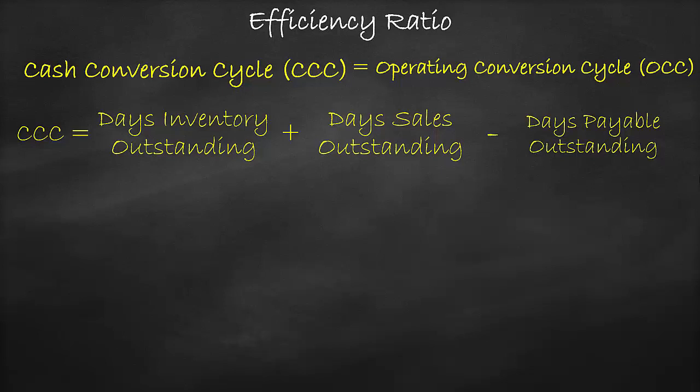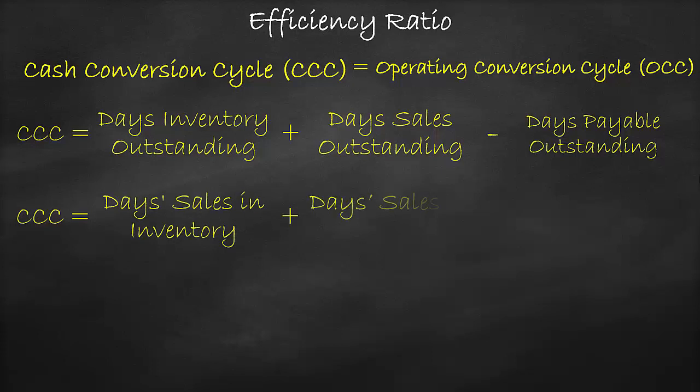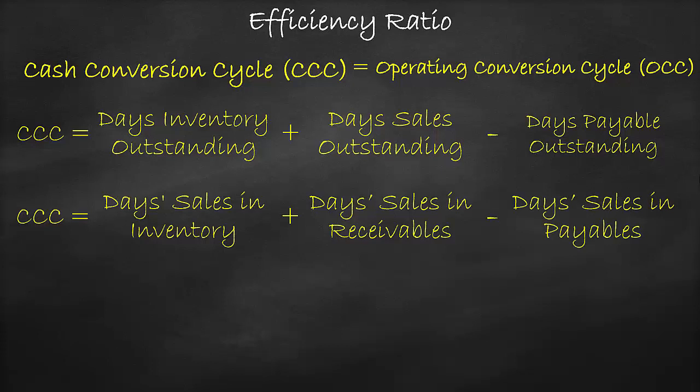Days sales outstanding is also known as days sales in receivables, and days payable outstanding is also known as days sales in payables. Therefore, we can rewrite the cash conversion cycle formula as days sales in inventory plus days sales in receivables minus days sales in payables.